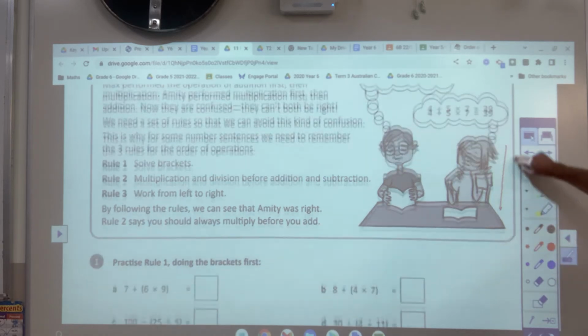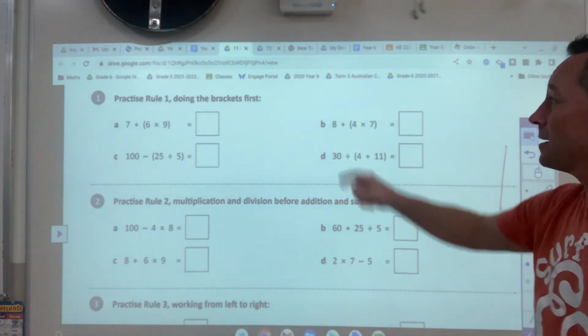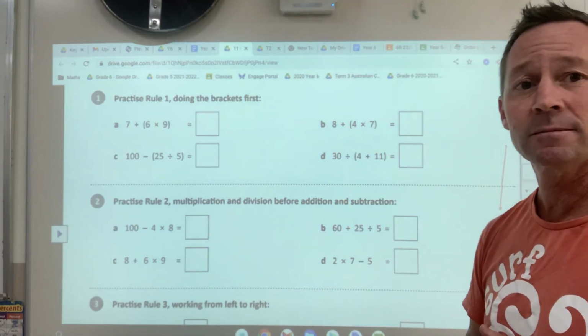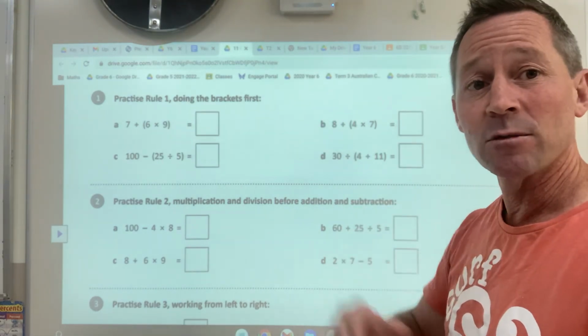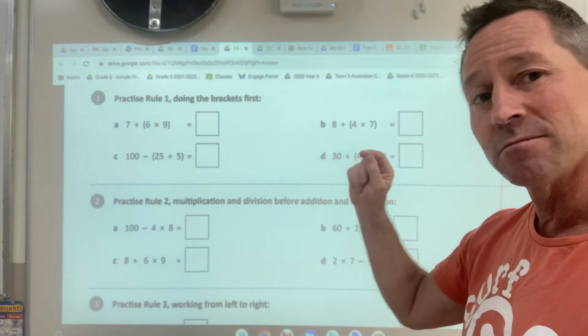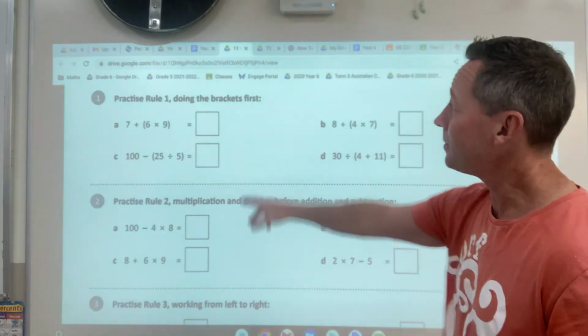Okay, so those are the steps you want to be doing. Give it a go, and then you can start solving some of these. In this particular case here, 7 plus, in brackets, 6 times 9. Whenever you get these situations, write down BODMAS, just so that you know those steps. Any assessments, write that down. It's the first thing you write down after you put your name.